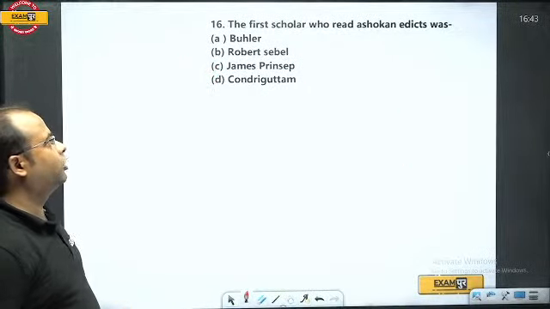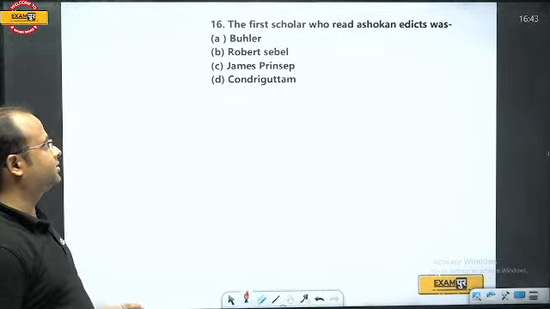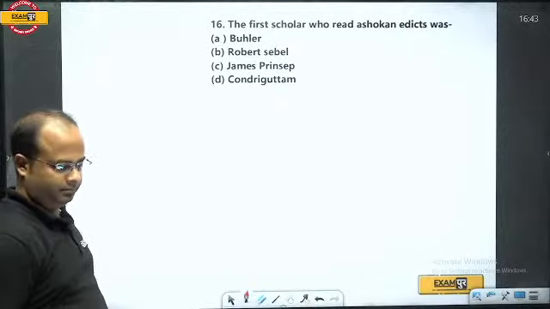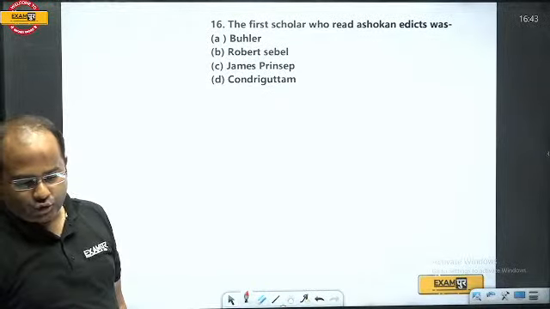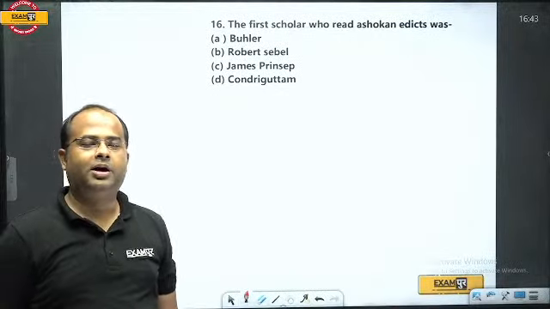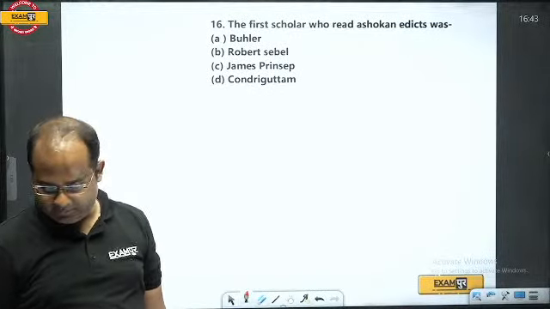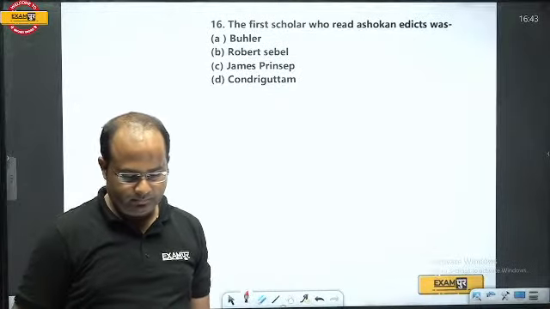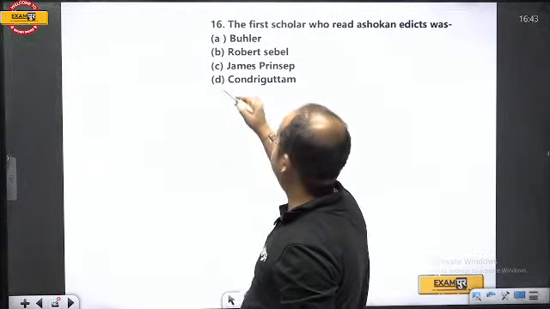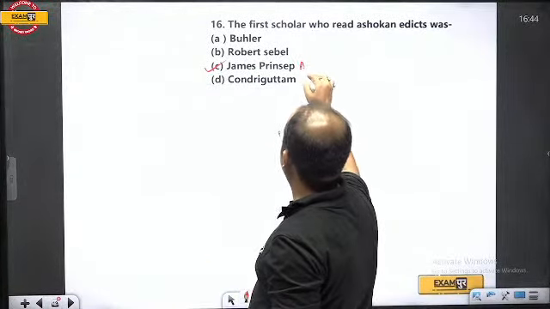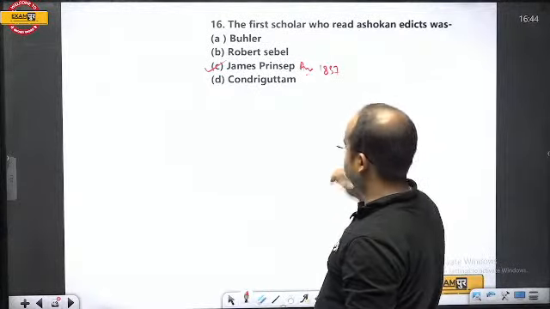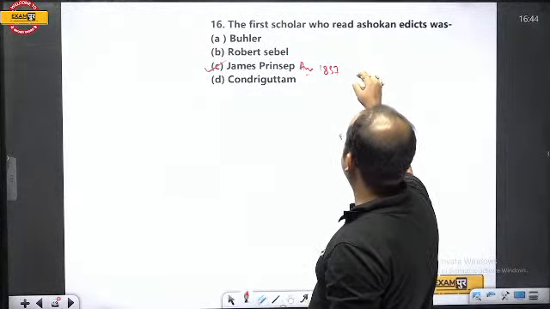Now the first scholar who read the Ashokan edicts was Buhler, Robert Sewell, James Prinsep, or Corrington. So who read the Ashokan inscription for the first time? Okay, very good guys. The first time it was read by James Prinsep, in 1837. That was in Brahmi Prakrit.